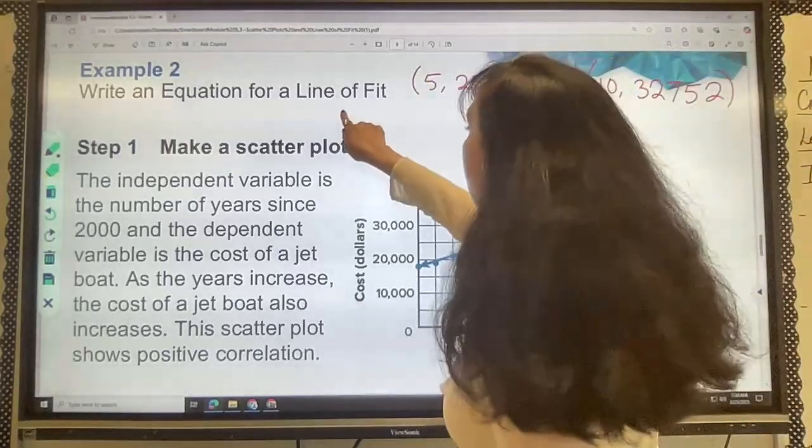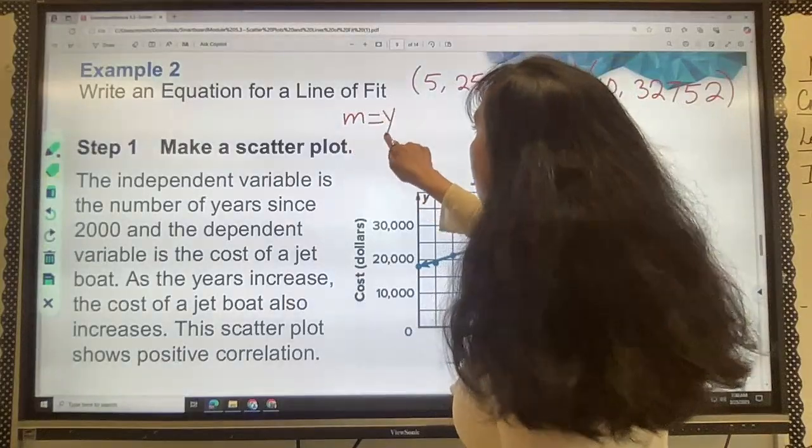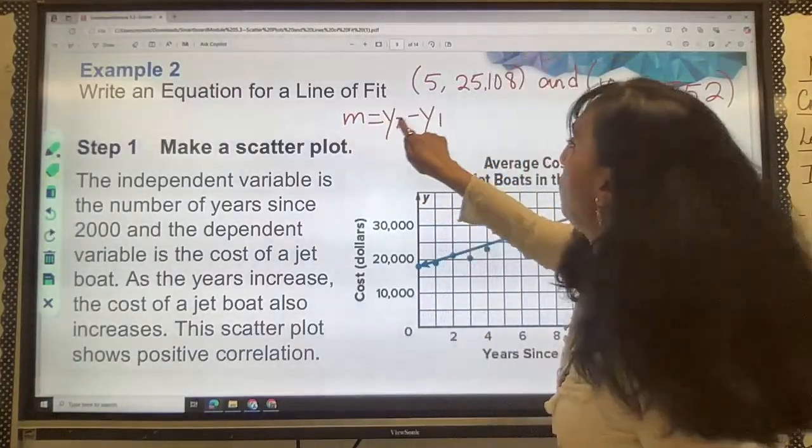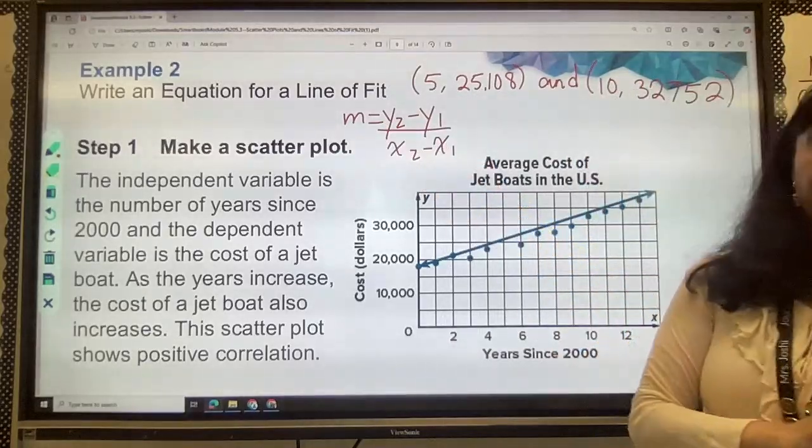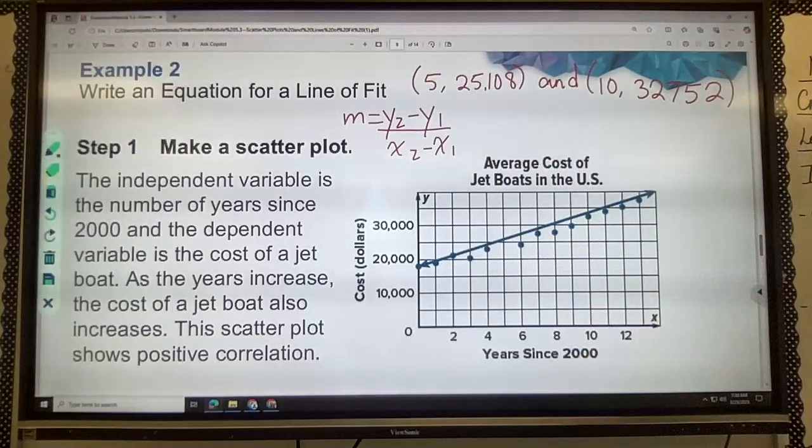So we have m is equal to y2 minus y1 over x2 minus x1. Okay, and so I'm using the slope formula.